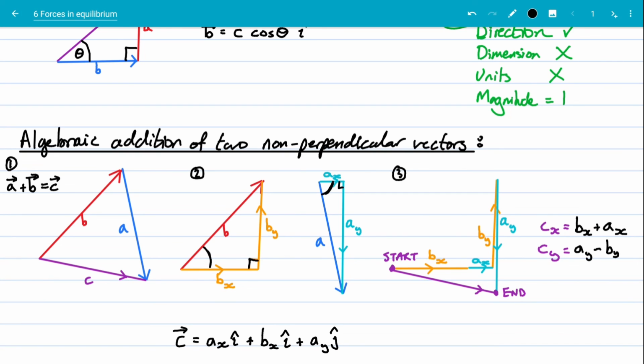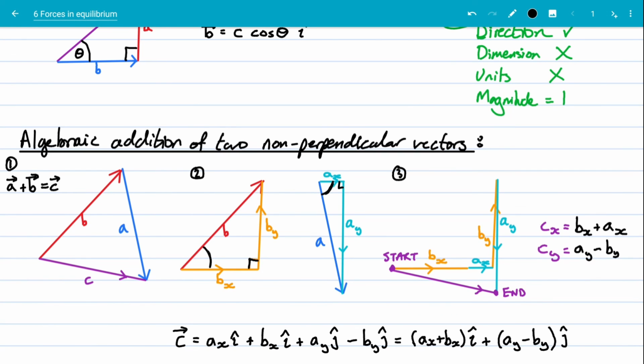For some reason I'm defining down as positive, minus BY in the J direction. And obviously we can factor out the I, factor out the J, and we end up with AX plus BX in the I direction and AY minus BY, because of how I defined my vector directions, in the J direction.